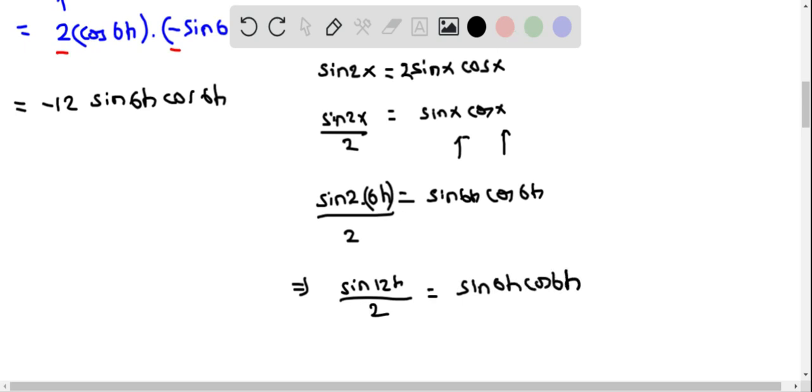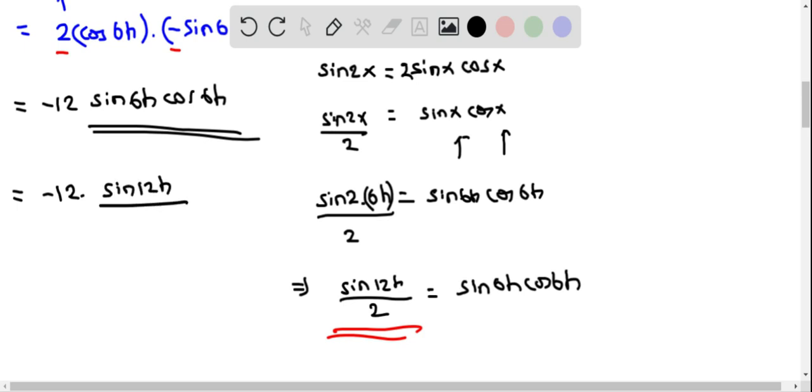So now we can replace the quantity sine 6h cos 6h with this quantity. Therefore the reduced form is negative 12 sine 12h over 2. We can cancel 12 by 2, and this gives negative 6 sine 12h.